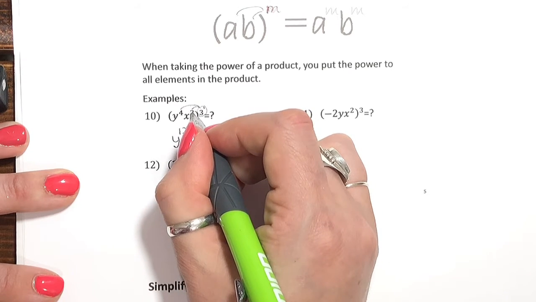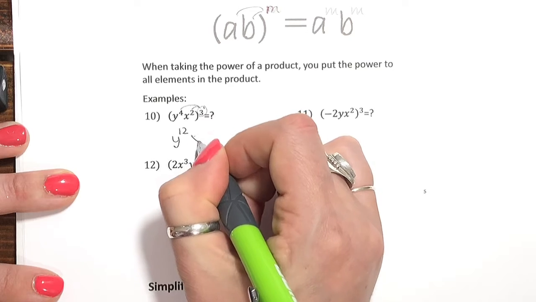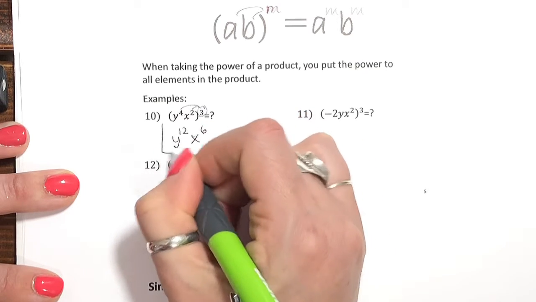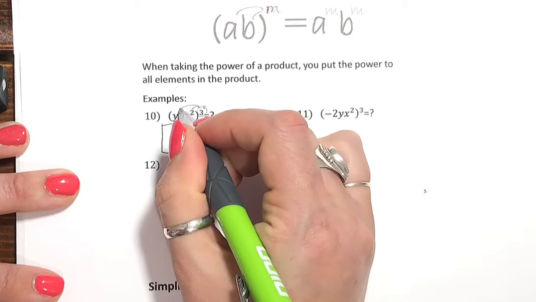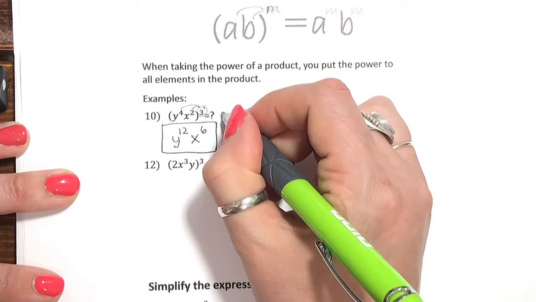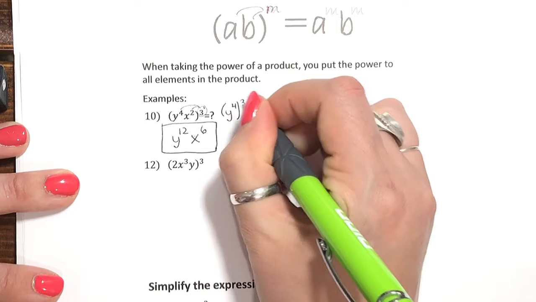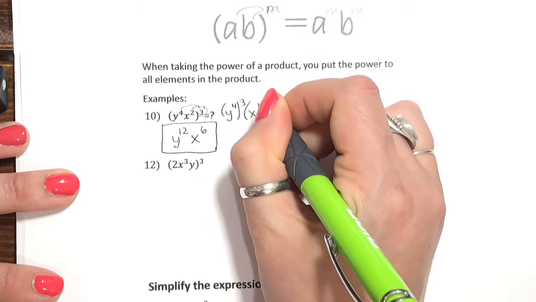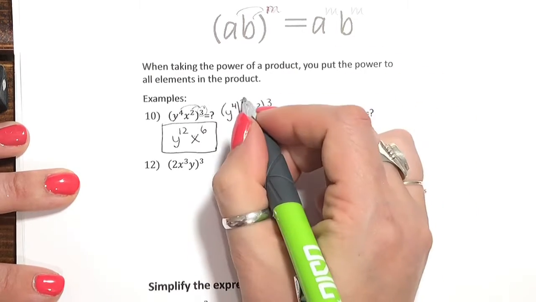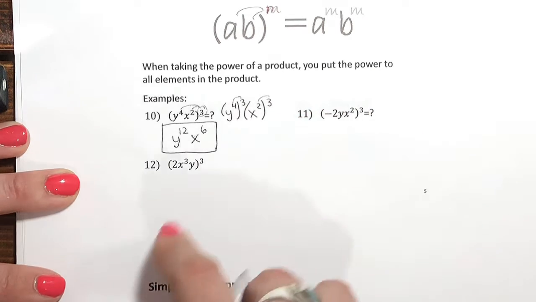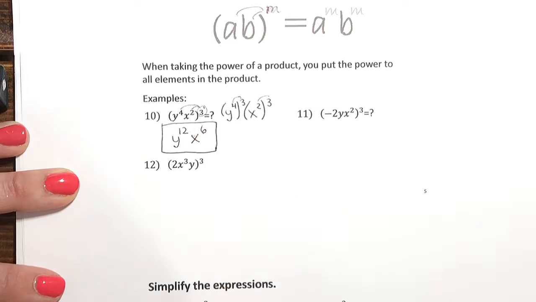And then I need to do 2 times 3, which is 6 for the x. So you're distributing that 3 into both of them. If you want to, you could write it separately and do y to the 4 cubed, and then you also have x squared being cubed, and then it becomes your power of a power rule. But essentially we're doing the same thing, and we're just trying to do it as quickly as possible.